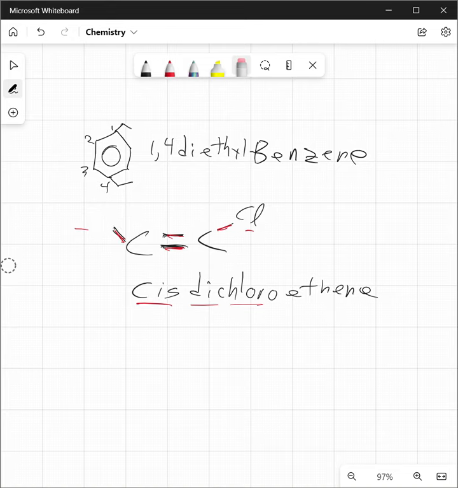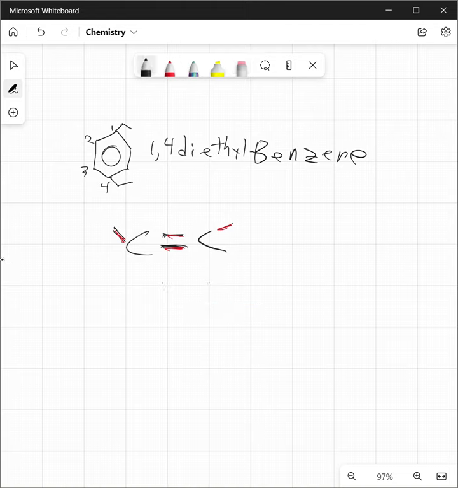However, if you put a chloro up here and you put another one down there, now we've got a difference, because these chlorines can't rotate around a double bond. The double bond keeps them always in the same configuration across from each other. When the substituents are across from each other, that's called trans.